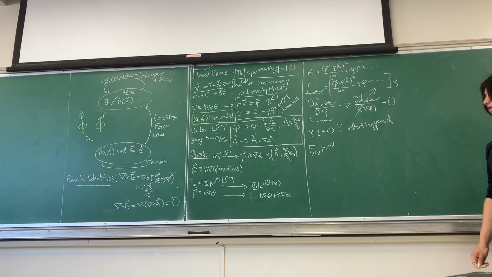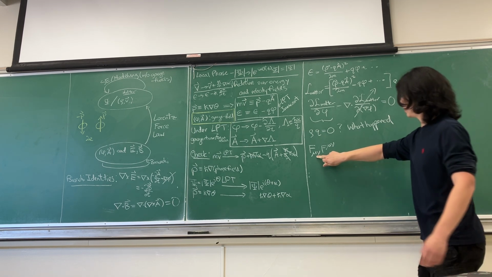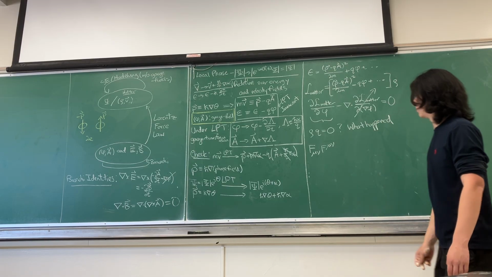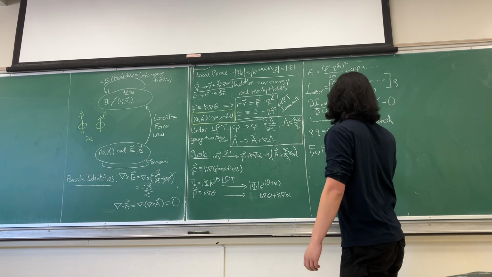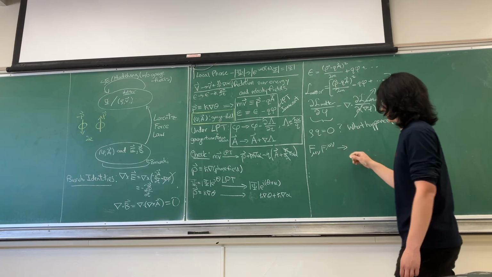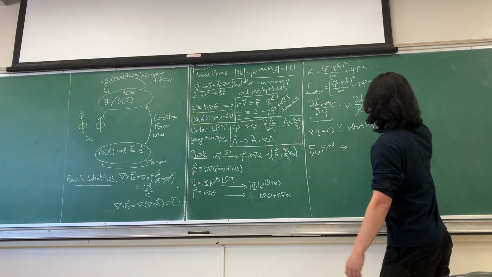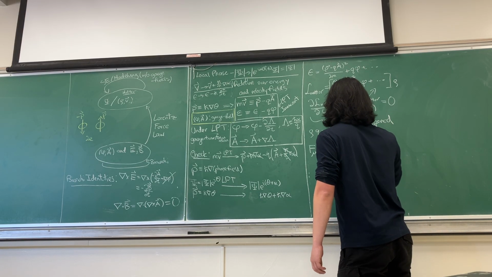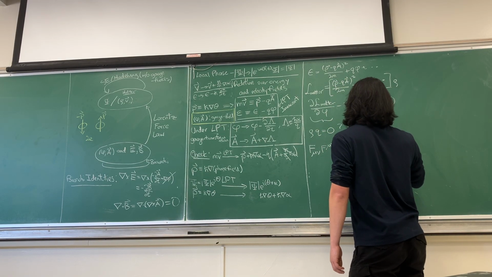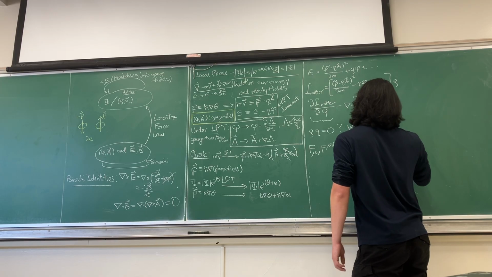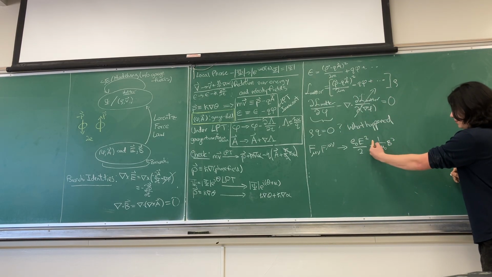If you haven't taken a relativity course, it won't make sense, but you can track the indices and see that it doesn't transform. So that is what it is. And then for units, in SI units, this becomes expressed in terms of the fields as epsilon naught E squared over 2 minus 1 over 2 mu naught B squared. So this looks like the energy density, but with a minus sign.